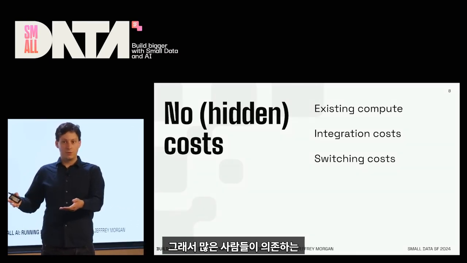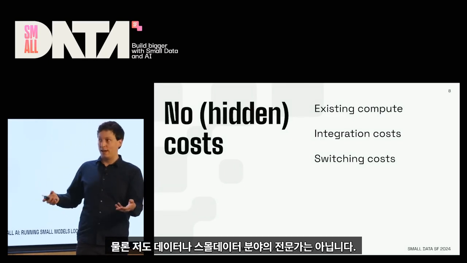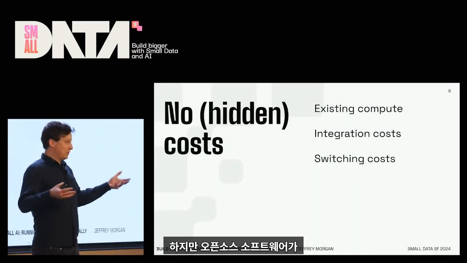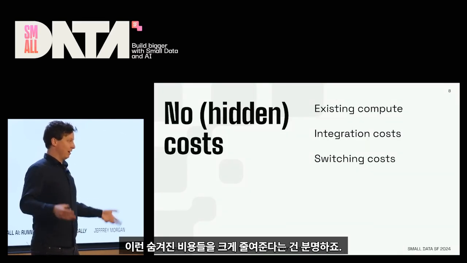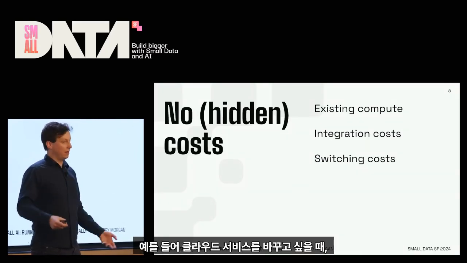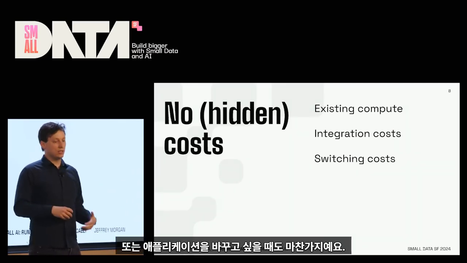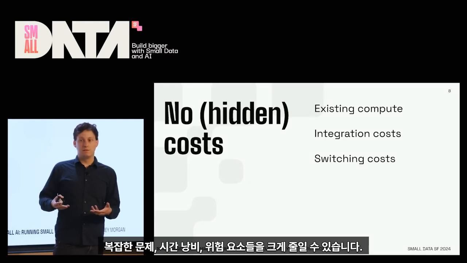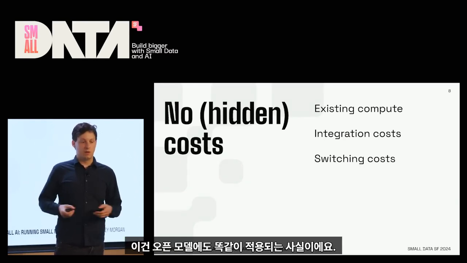It's why a lot of the most relied upon software and databases, and by no means am I an expert with data and small data even, are open source, which removes a lot of the hidden costs. If you want to switch cloud providers, upgrade your machine, or change the application, relying on something that's openly available cuts a ton of pain, time, and risk. And that's very true with open models as well.